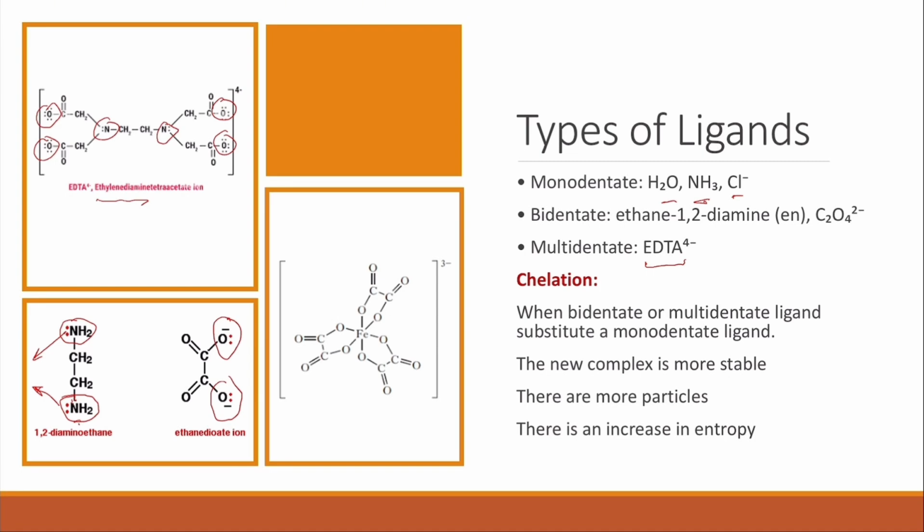Sometimes in the exam, they ask you to draw the complex of a certain ion with one of the bidentate ligands. So for example, to draw something like that, we have here a central ion of iron 3 plus, and we have 3 of the ethanedioate ions. Each of these will make 2 dative covalent bonds with the central ion, as you can see.